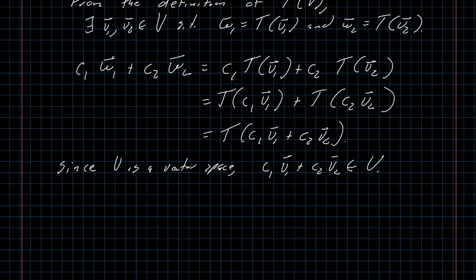So since we have vectors in V and we're taking a linear combination of them, the result must still be in V. We haven't escaped our vector space by doing this.